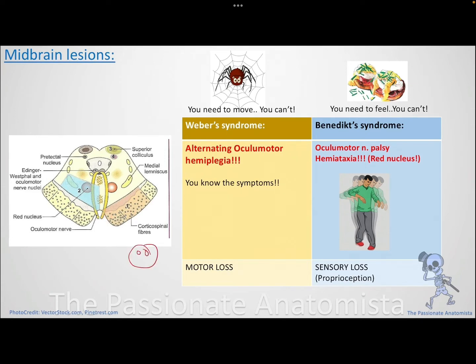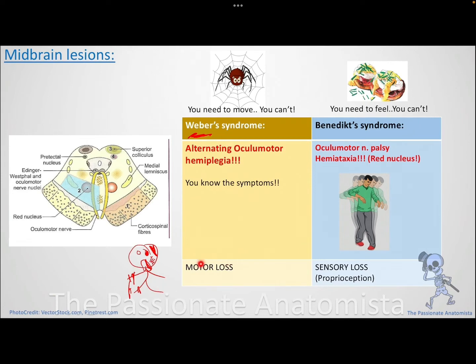If I have a problem on this side, I will have contralateral hemiplegia and ipsilateral oculomotor problem. If we are in the medulla, ipsilateral hypoglossal nerve injury. If we are in the pons, ipsilateral abducent and facial nerve problem. If we are in the midbrain, Weber syndrome, it's the one that is related to the motor stuff.